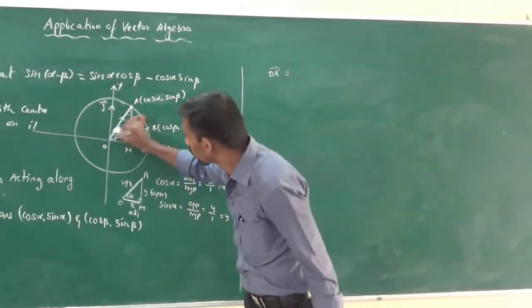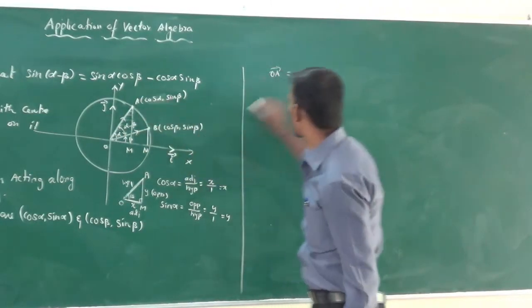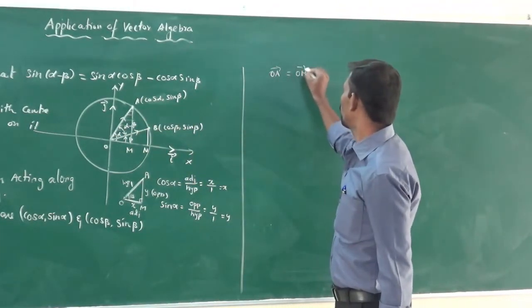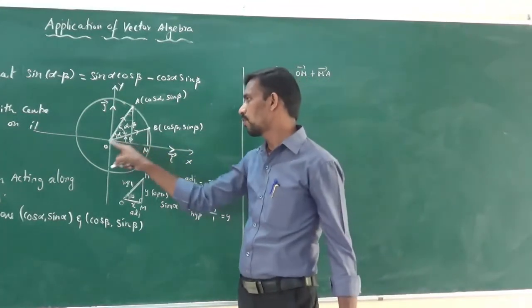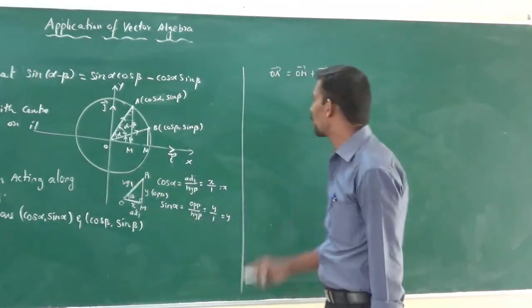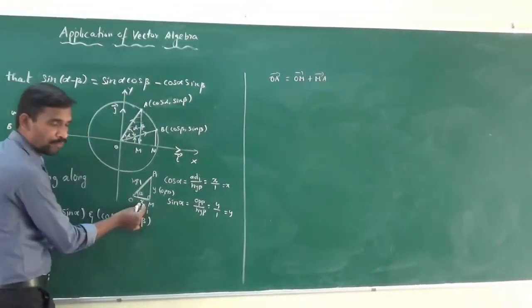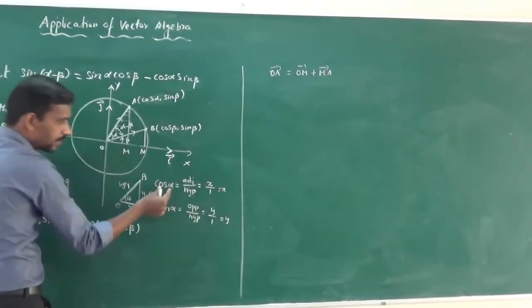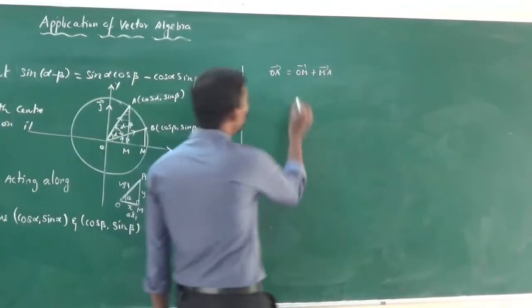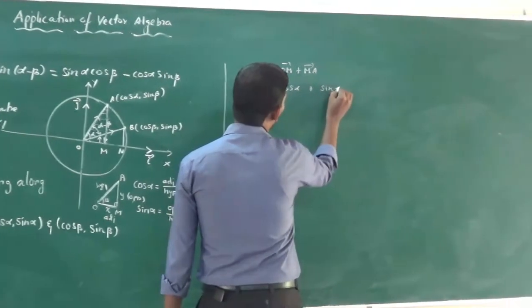Now the OA vector is nothing but O to M plus M to A. O to M plus M to A, I am going to reach the OA vector. So OA vector equals OM vector plus MA vector. OM is the horizontal distance, and MA is the vertical distance. We know that x is equal to cos alpha, so here cos alpha, here sin alpha.